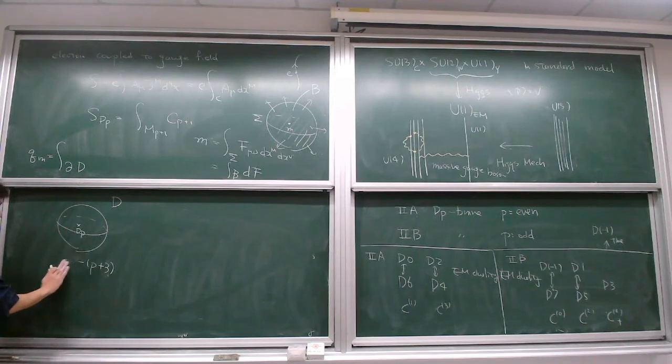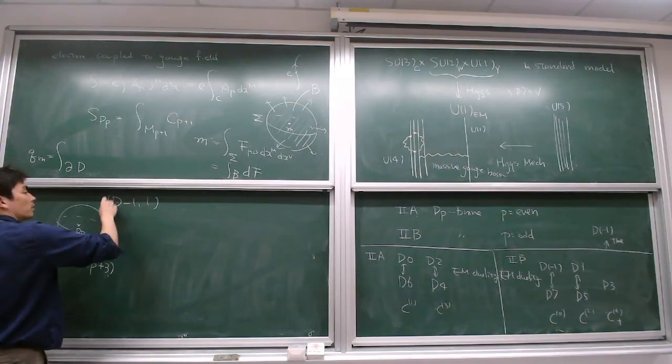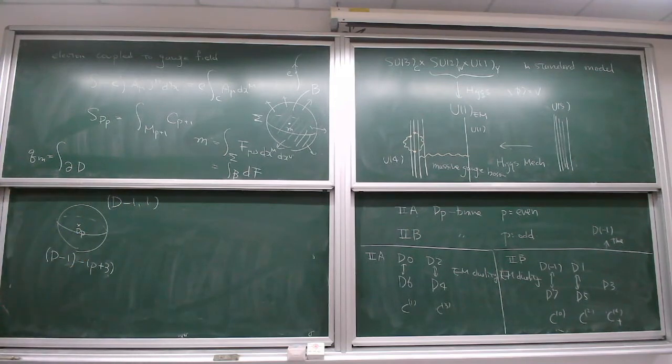I think yes, this is correct. D minus 1 is the spatial direction, and its spatial dimension is D minus 1, and it's 0-dimensional. Am I correct?